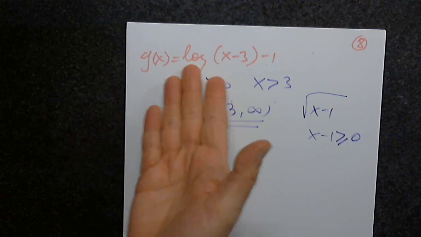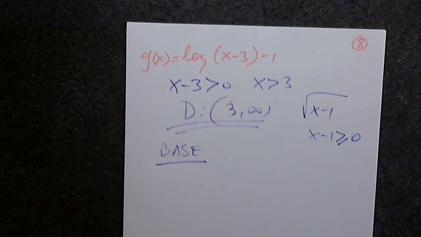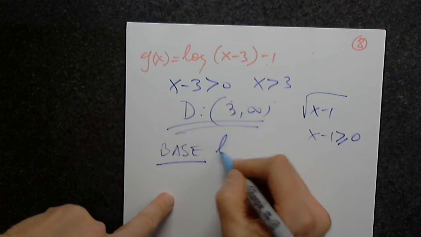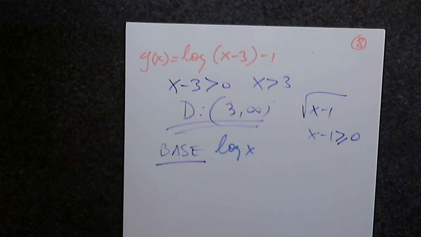Which function did we use to create this one? X minus 3? Rachel said it. X minus 3, minus 4. Indeed, log x is the function that is used here. Absolutely. And the first transformation on log x is?